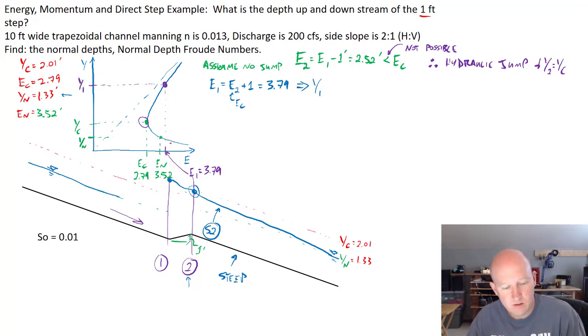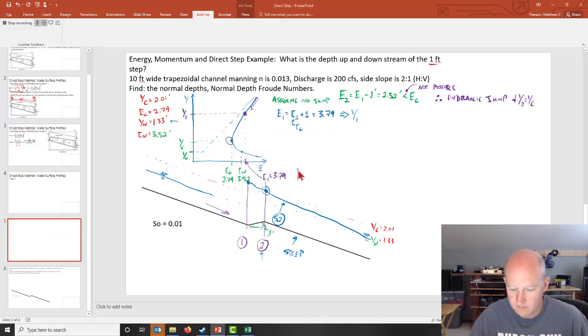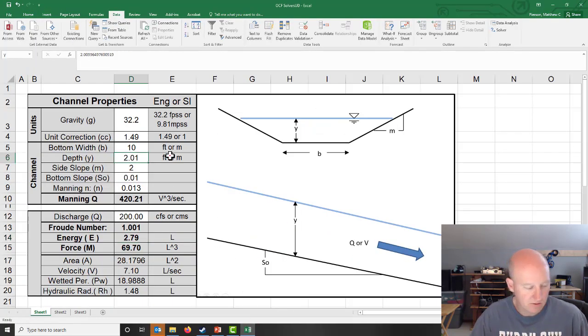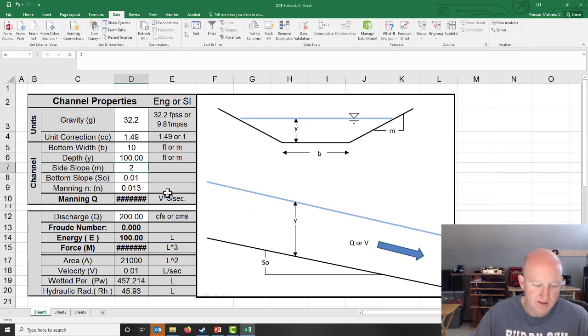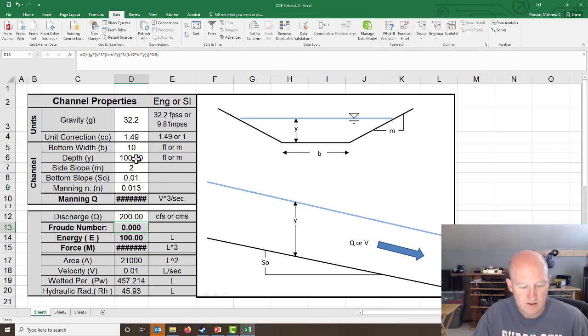And so, if I had guessed a point here, it would actually converge on this answer, and that's not what we're looking for. We're looking for this answer. So let's put in a first guess. We're going to put in a first guess that's up here somewhere, and then it will guess the right answer. I'm going to just put in a really deep depth, and that makes sure our Froude number is less than 1. As long as the Froude number is less than 1, we're going to come up with the right answer. So we're going to goal seek our energy.